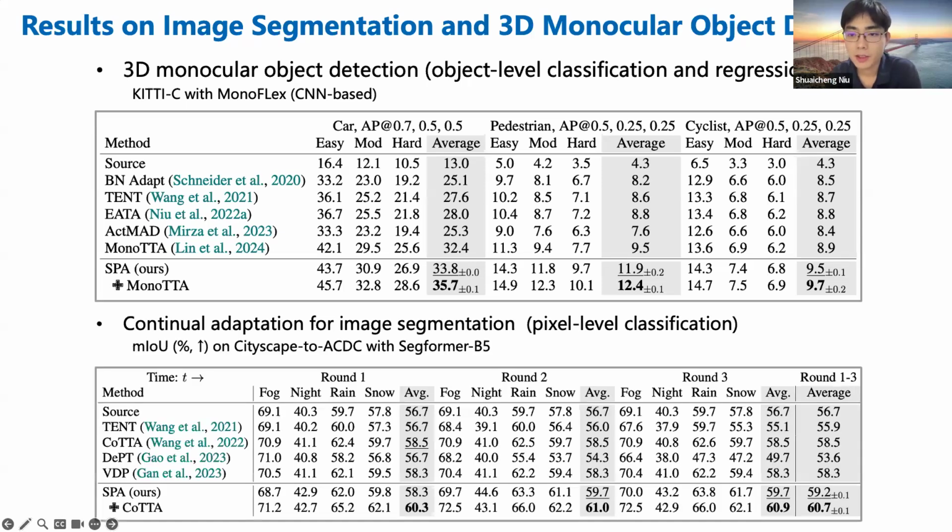Another experimental setting is continual adaptation for pixel-level image segmentation, where the model is continually adapted in multiple rounds. Both these two scenarios are challenging, but the results are consistent with results on image level classification, where SPI achieves good performance individually and can also serve as a plug and play module to boost the existing methods.